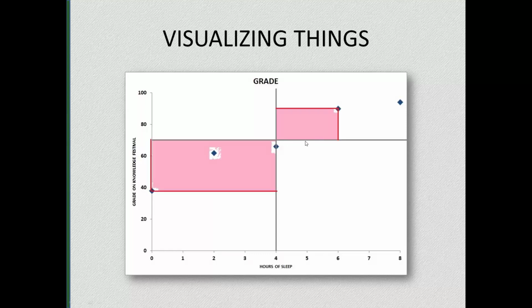And so Anastasia, 2 hours above average in terms of sleep, and 20 points above average in terms of the grade that she got, and so that area is representing a distance between this point and the middle. Similarly for Balf, he's 4 hours below average and below average in those distances. And we're taking for each point those distances from the middle and, in air quotes, averaging them.